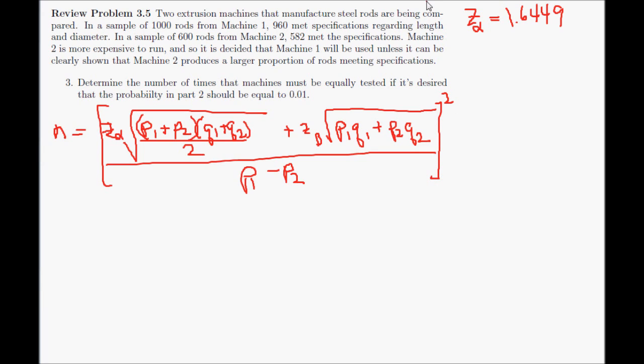Now we have all the information that we need for this problem except for the value of z sub beta. So for that, we want the area in the right tail under the bell curve to be equal to 0.01, and that's the 99th percentile under the bell curve, and that works out to be 2.3263.